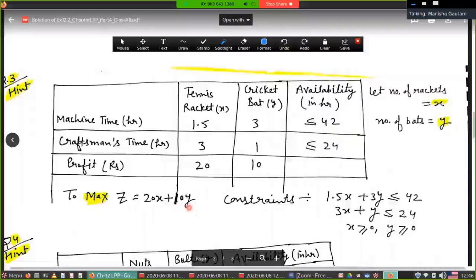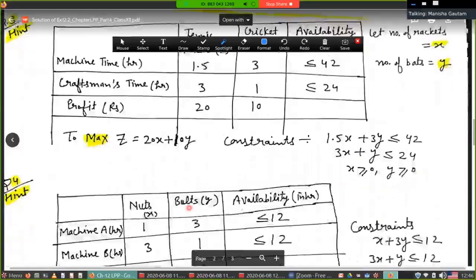I think you can understand how to make the constraints. First of all, make the table. What information is given to you? Collect the information and make the constraints and the optimization statement.